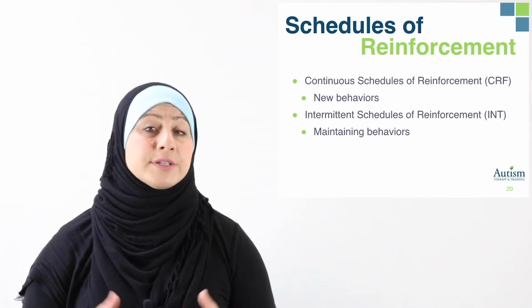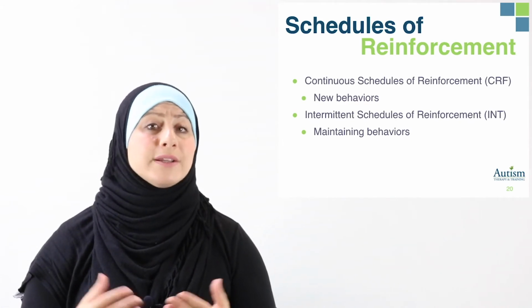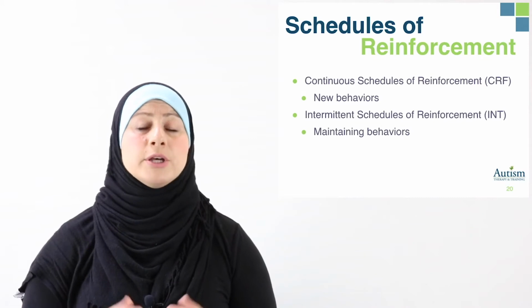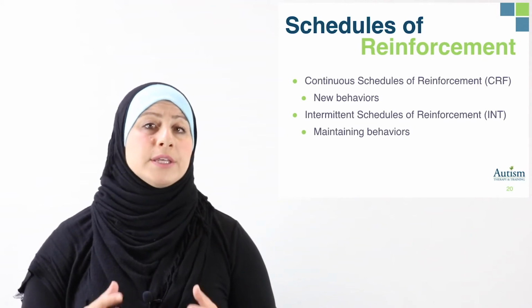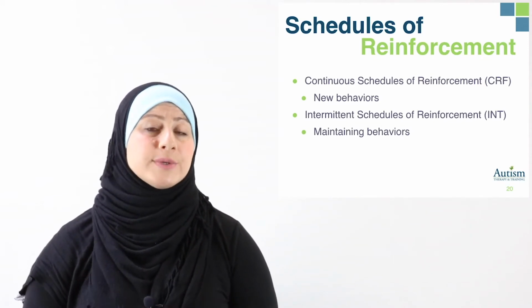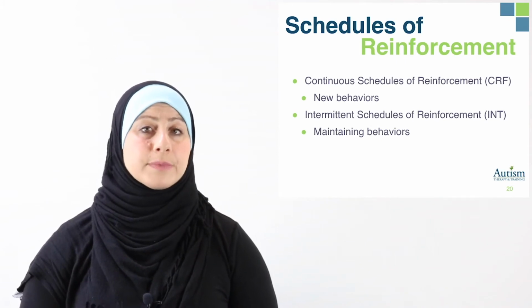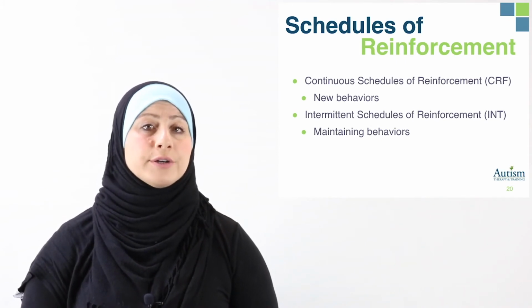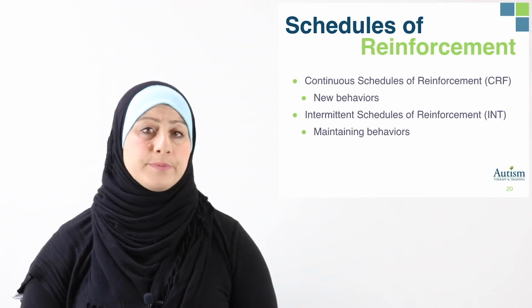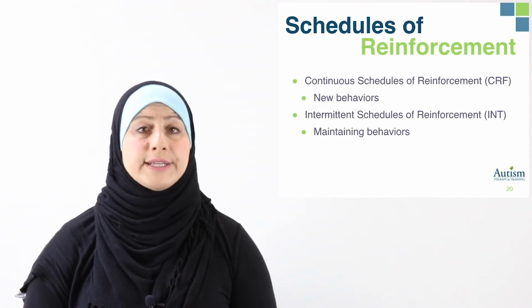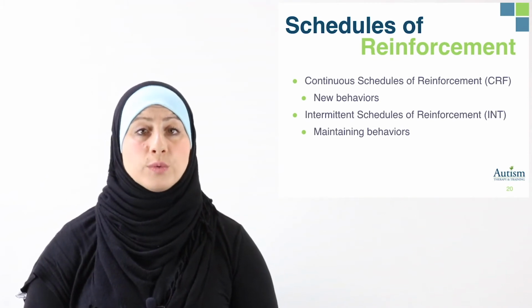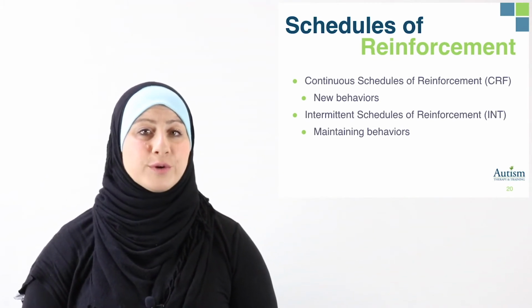Initially, new behaviors need to be reinforced right away and all the time until they become strong behaviors. This would be known as a continuous schedule of reinforcement. Each time the behavior occurs, we need to reinforce it. Once a client no longer needs assistance with that behavior and is able to do it on their own, we can start to fade the reinforcers.